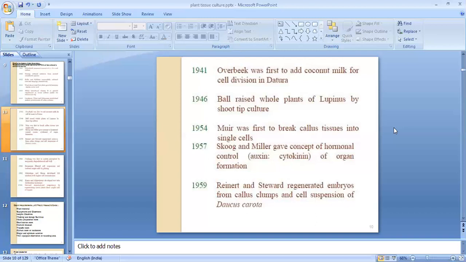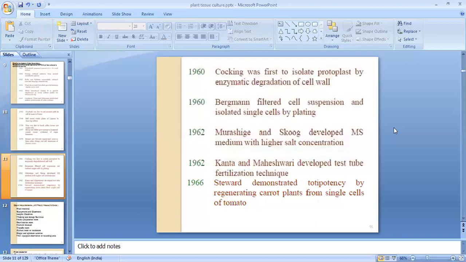And then they also converted the callus into suspension cultures, from carrot, Daucus carota. And in 1960, Cocking was the first person to isolate a protoplast from the cell by enzymatic degradation. And again in 1960, Bergmann filtered the cell suspension and isolated single cells by plating techniques. In your microbiology, you might have studied about the plating technique.